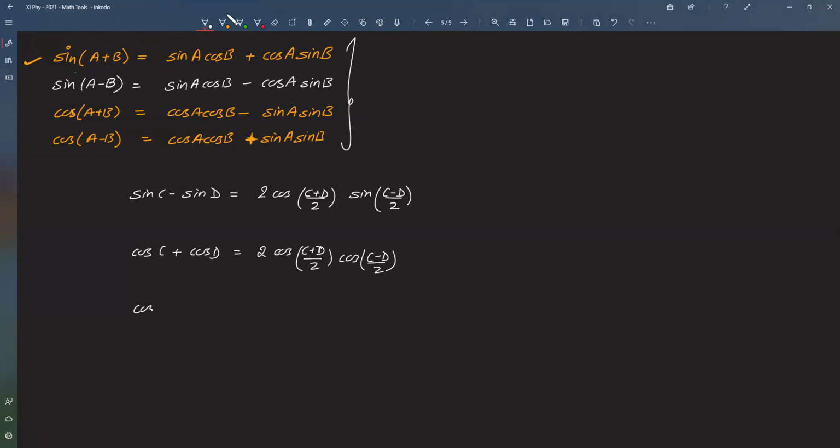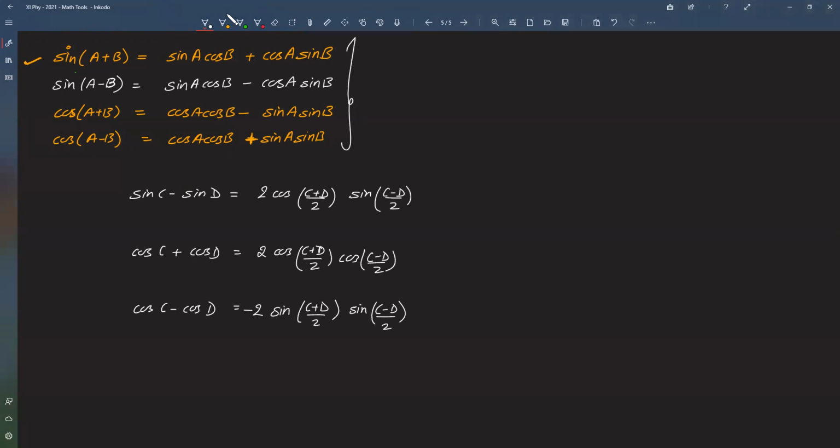And the last one is cos C minus cos D, that is actually minus 2 sine (C plus D) divided by 2 sine (C minus D) divided by 2.